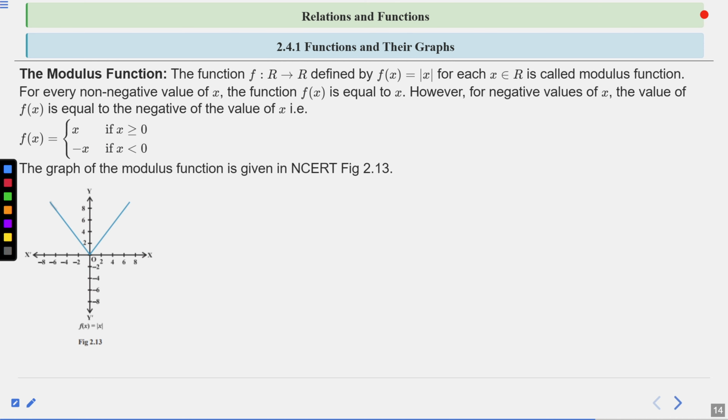Now, the graph for this modulus function will look like this, a V shape with its vertex at (0, 0). Clear? Anybody having any doubt? If you are having any kind of doubt, please ask.